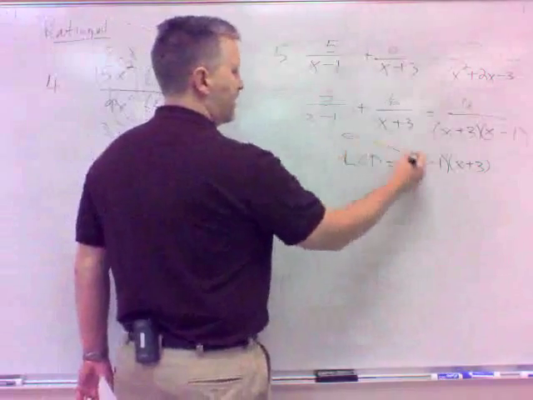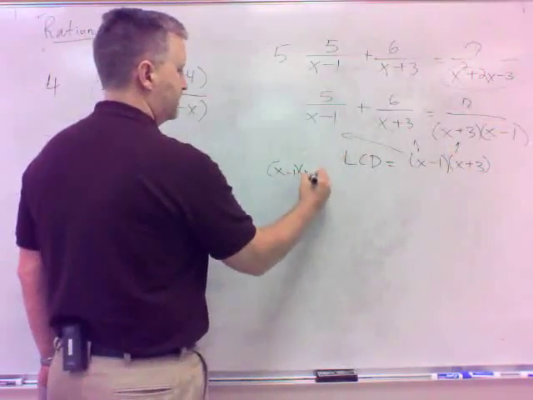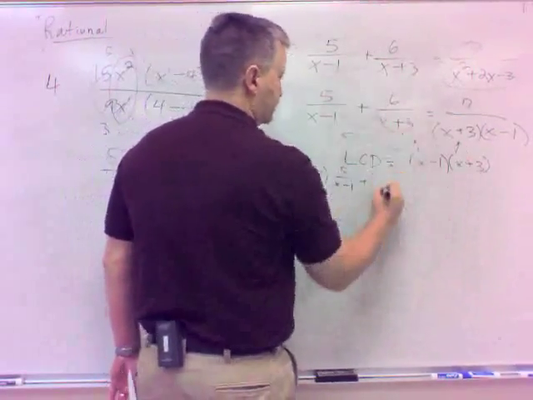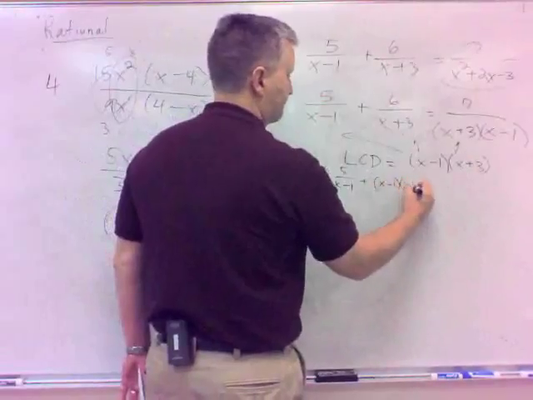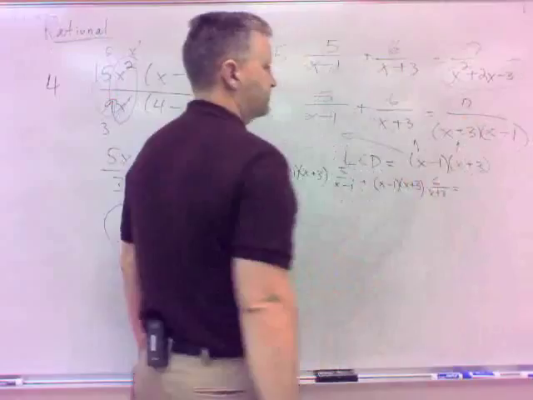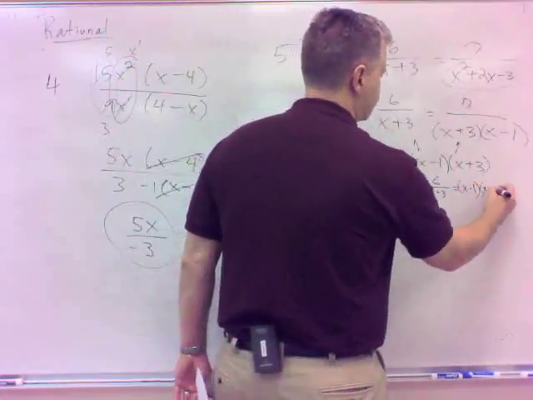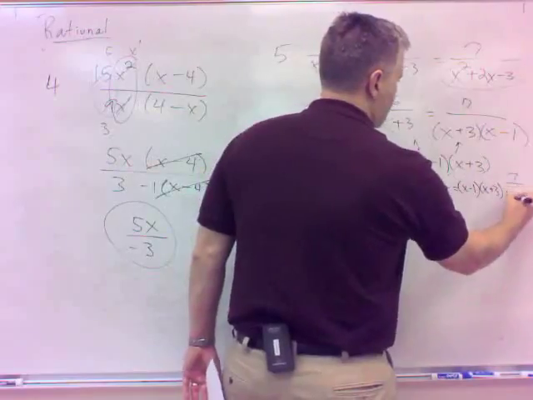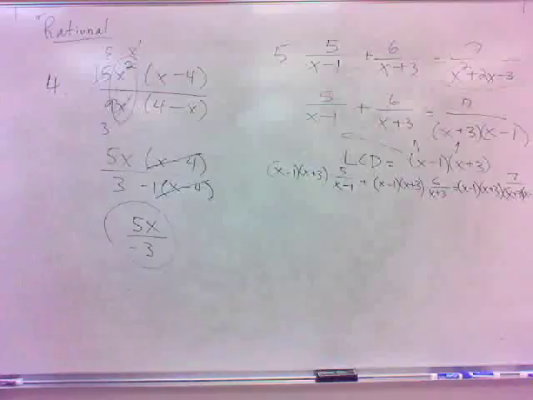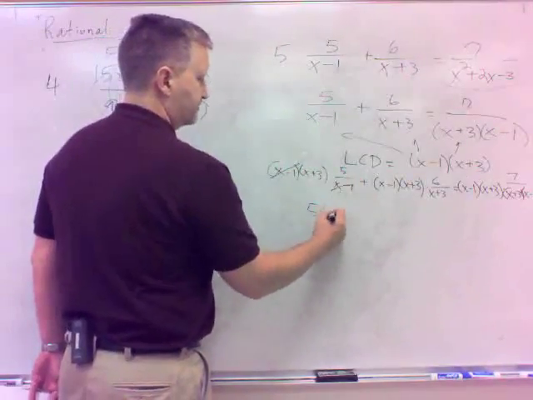With this type of equation, it's an LCD, isn't it? Use an LCD. Get your LCD, which just needs a representative of each kind of binomial. Got an x minus 1 binomial, an x plus 3 binomial, so that's going to be my LCD. Multiply it by all parts. X minus 1, x plus 3 times 5 over x minus 1, and x minus 1, x plus 3 times that one, and then x minus 1, x plus 3 times that one. And nice things do happen, cancellation-wise. The x minus 1's cancel here, so I'll wind up with 5 times x plus 3.